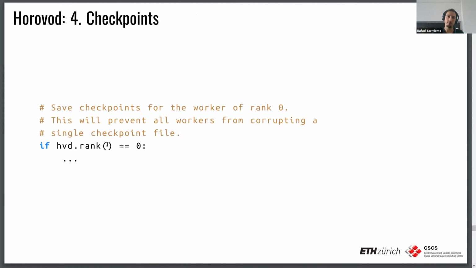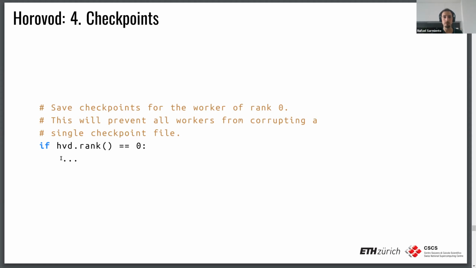And there is an extra step, which is not really part of the training, but it's if you want to save data, since you will have many nodes. If you save data, all the nodes are going to try to write it, and that can corrupt the data, can harm the file. But also you don't need it, because since the model is the same in all workers after every step, you just need to save your model or whatever you want to save from a single rank.